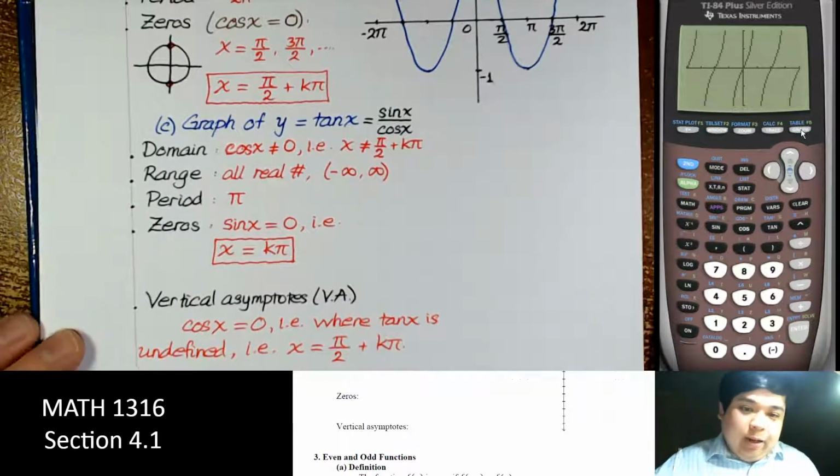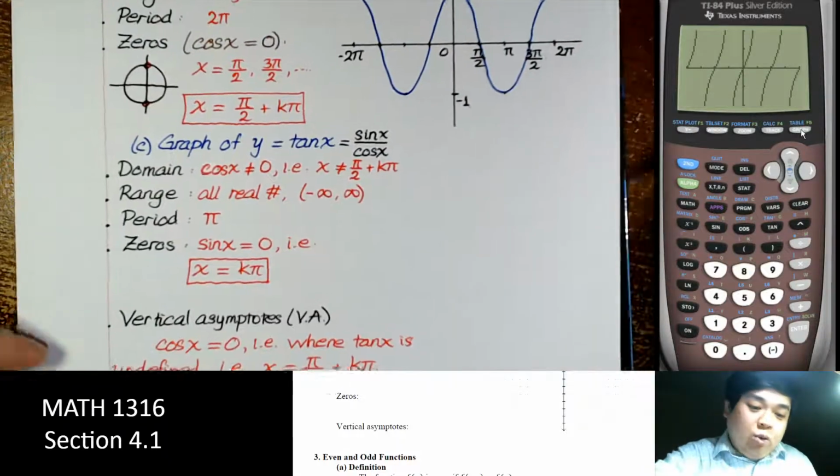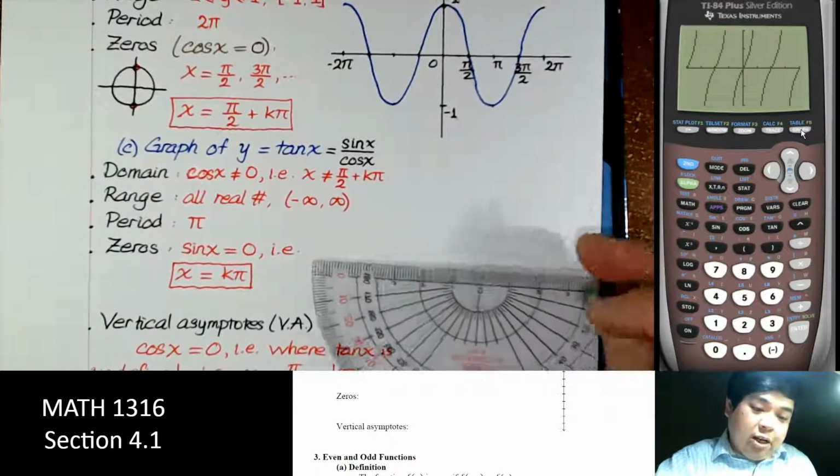Right. So now the difference between this one and the previous one is that the period is just going to be pi.